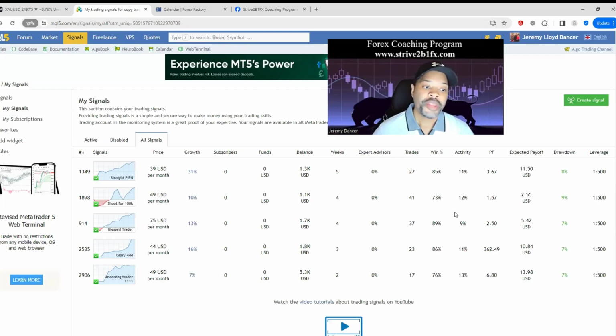Okay, but nonetheless, these 5 accounts are doing very well. My win ratios are ranging between 73% and 89%, which I think is phenomenal. My drawdowns are pretty low, and my accounts are steadily growing. So these are all very good signs that I'm trading very well.